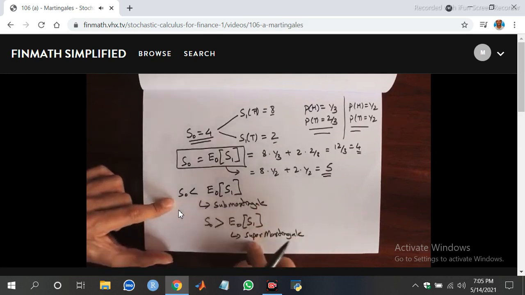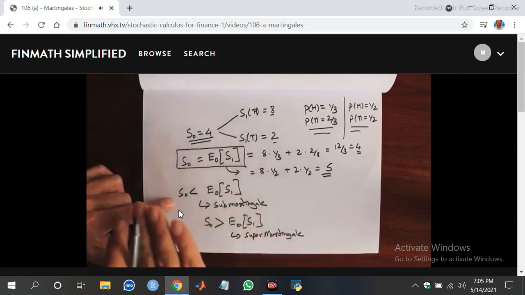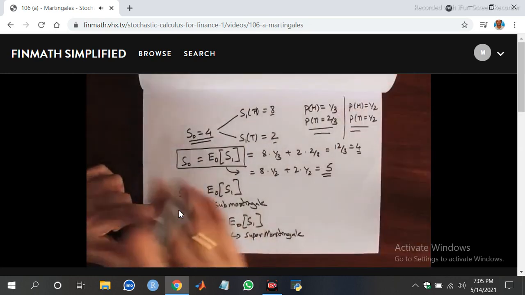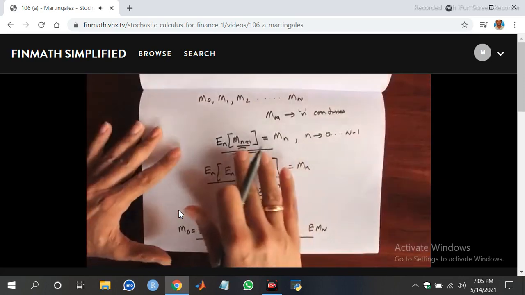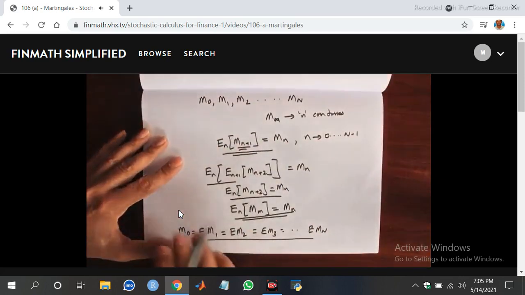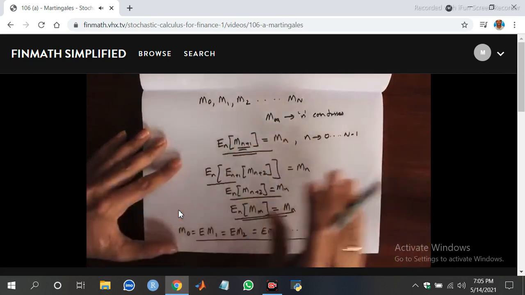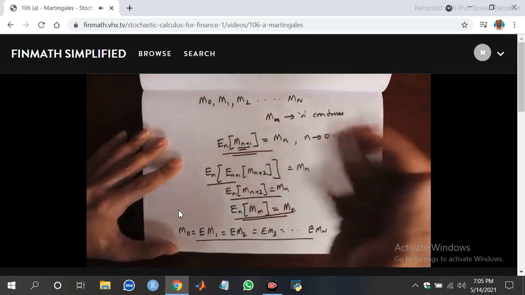Okay? Sub-martingale, super martingale. Sub-martingales have a tendency to rise. Super martingales have a tendency to fall. But martingale, basically the expectation remains constant. Okay? The expectation doesn't change.